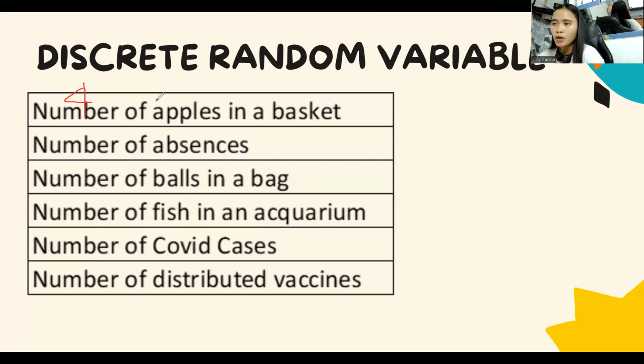So we have 4 apples in a basket. Therefore, this is discrete, because we can assume a number. Again, whenever it is a number, we can translate it into a variable or a random variable.